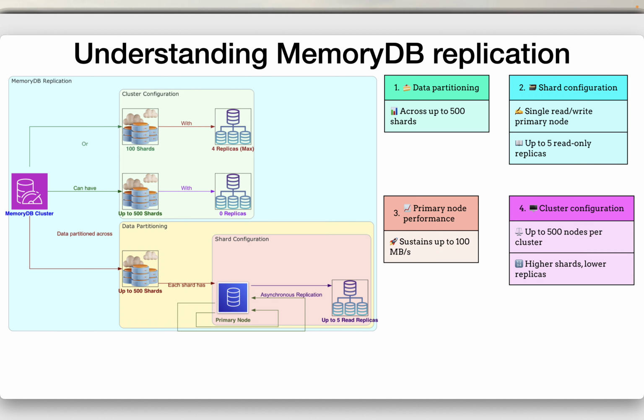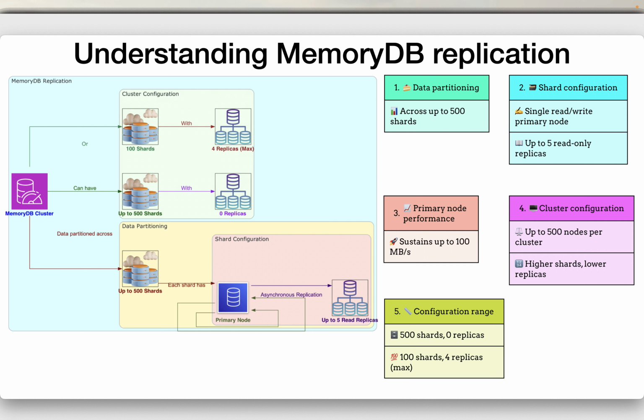You can create a cluster with a higher number of shards and a lower number of replicas, totaling up to 500 nodes per cluster. This cluster configuration can range from 500 shards and 0 replicas to 100 shards and 4 replicas, which is the maximum number of replicas allowed.